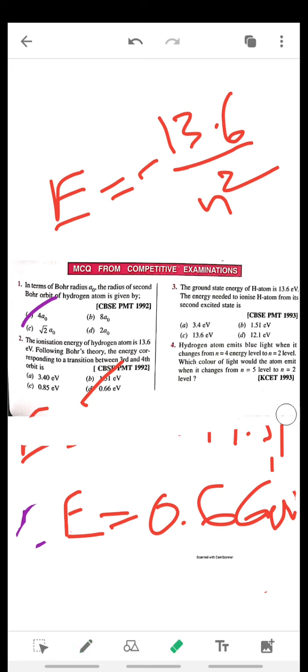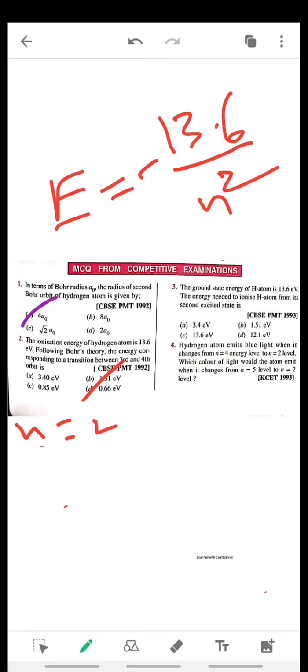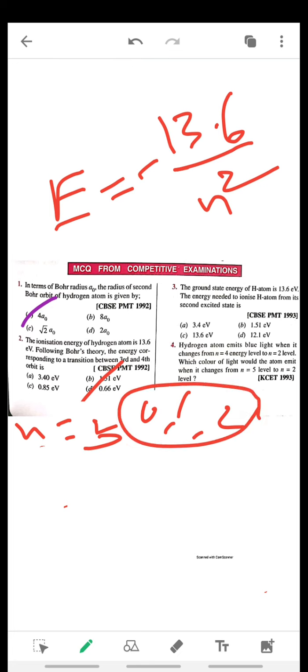Okay, question number 3. Read the question. The ground state energy of hydrogen atom is 13.6 electron volt. The energy needed to ionize hydrogen atom from its second excited state. Okay students, second excited state means n equals 3. Sorry, I said 2, but counting excited states, first, second, second excited means the n value is 3.